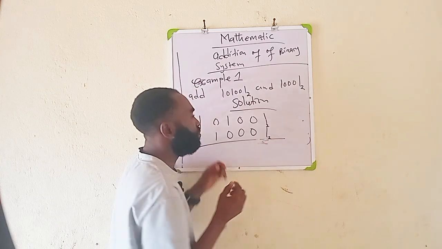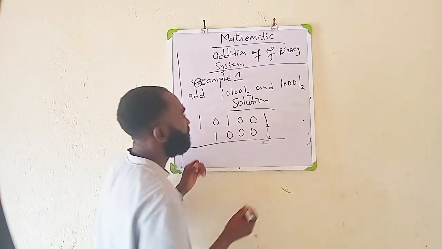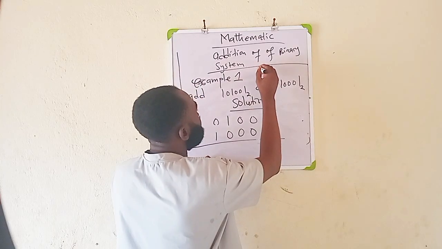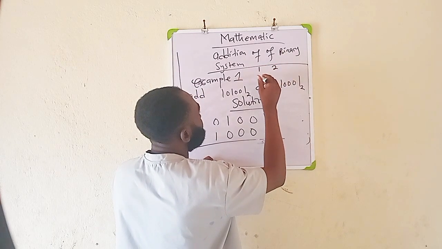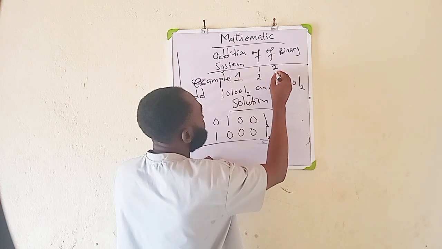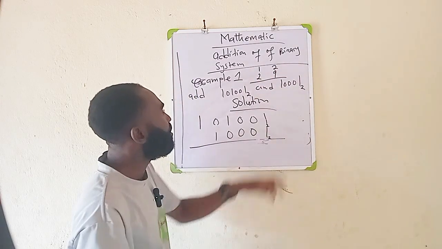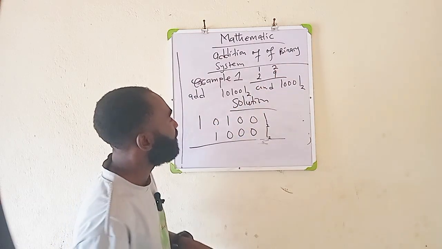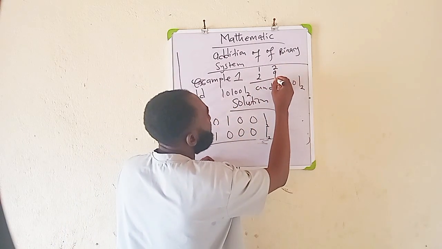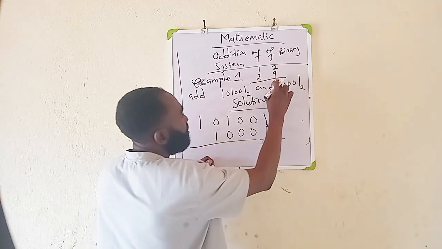As in the usual way of adding in base 10, for example, say you have 12 and 29 and you're asked to add. When you have 2 plus 9, that will give you 11, but you cannot write 11 here because it's wrong. Some people say carry 1.